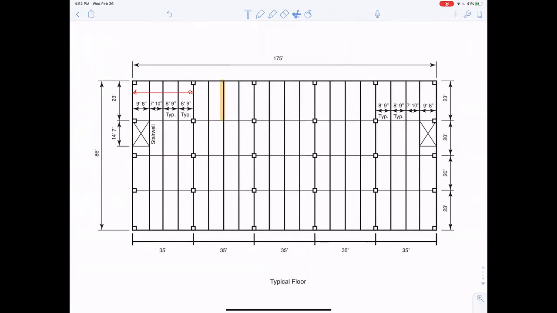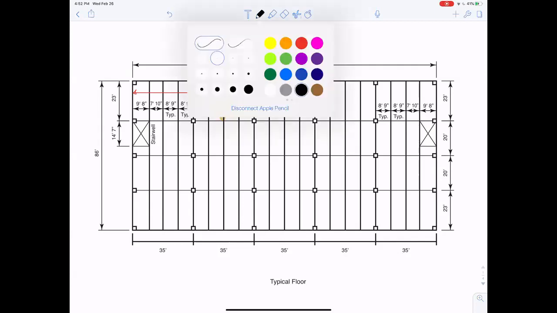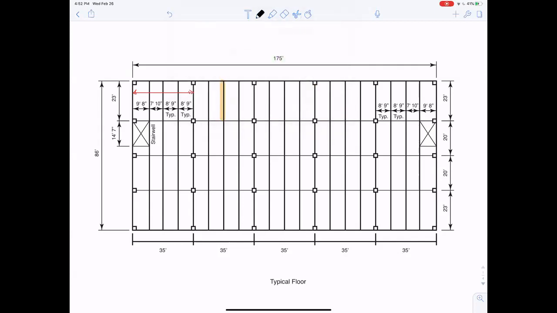On these exterior spans, the minimum slab thickness recommended is L over 24, and these are L over 28 for all of these. I'm going to calculate L over 24 for 9 foot 8 inches. It can be a little less, you could use a clear span, but I'm just going to use this. 9 foot 8 inches divided by 24 is 4.8 inches minimum thickness.